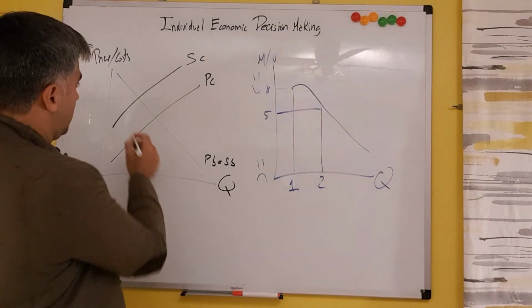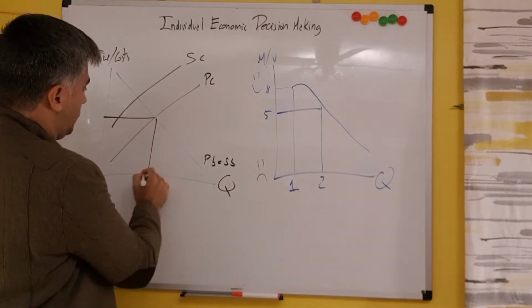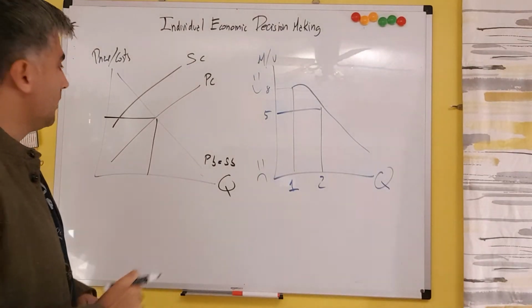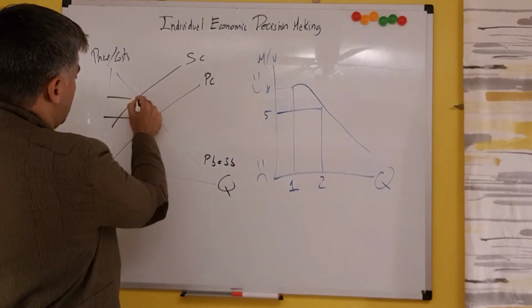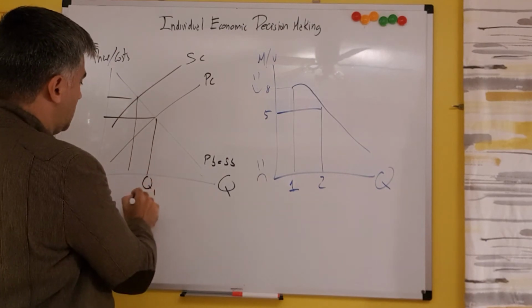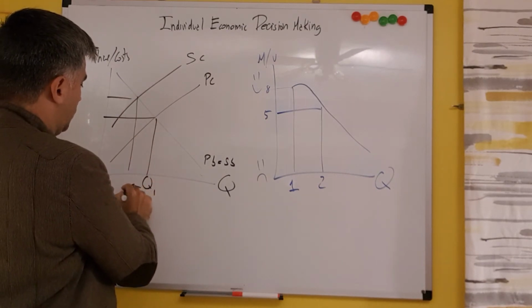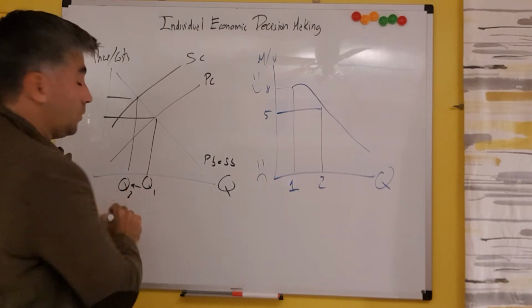And we can then put down our points, see how they change. From quantity 1, we should be on quantity 2 instead.